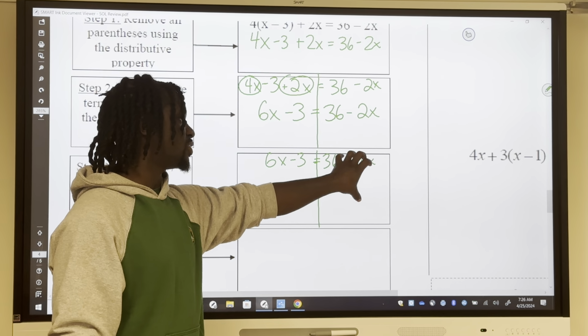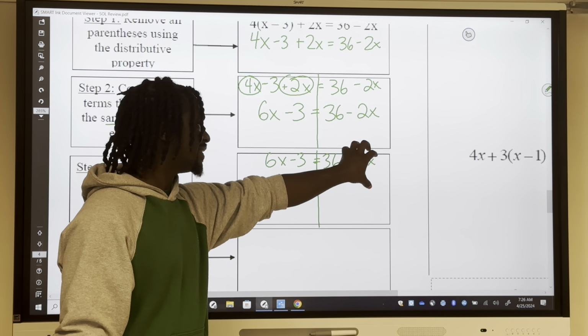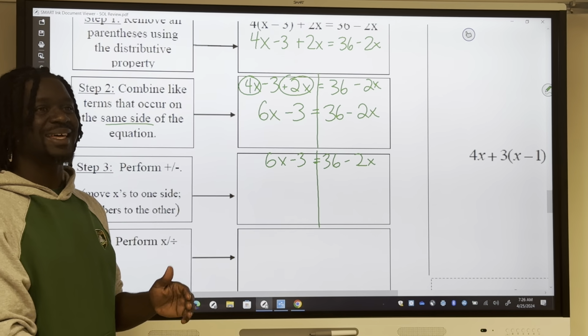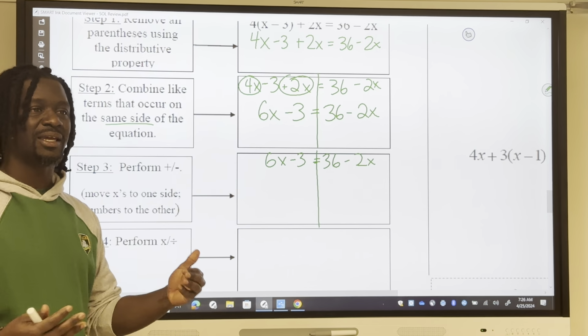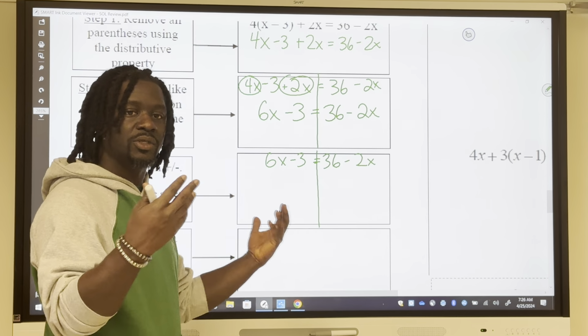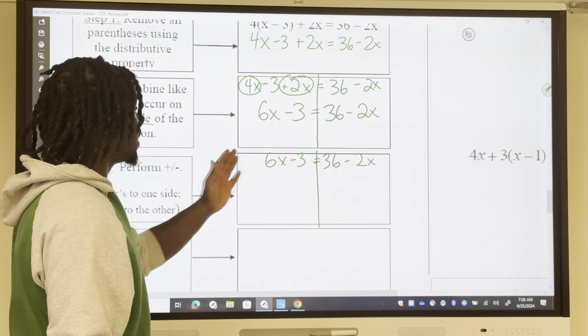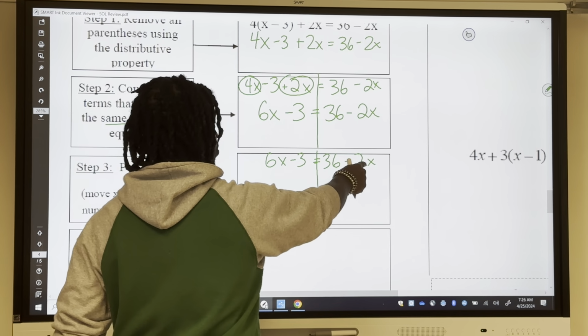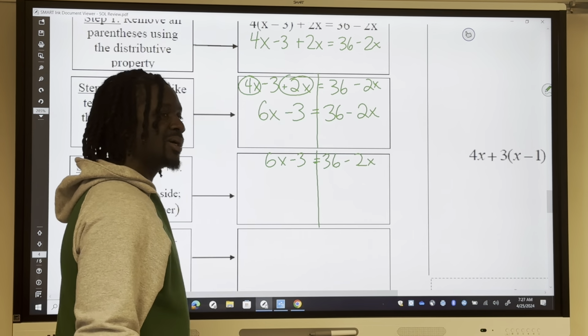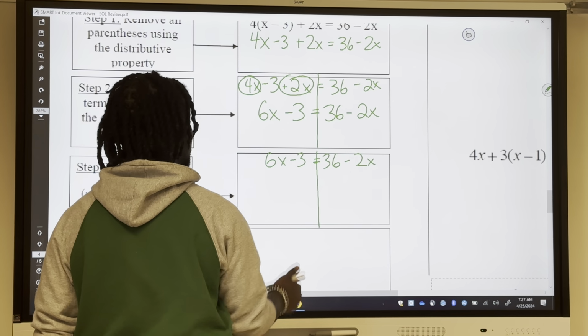But what I would recommend is moving the x's to the side that has more x's, so that you just won't have to deal with negative numbers. That's the way I like to do it, but you can do it either way. Because 6 x's is more than negative 2, I'm going to move the negative 2x to the other side.